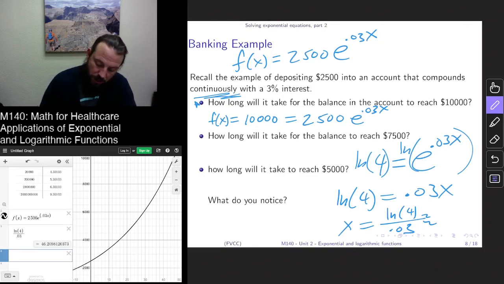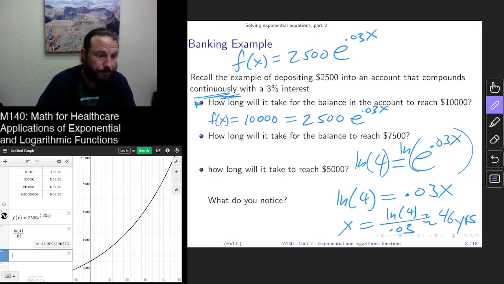That turns out to be approximately 46 years. And I should write that, years, right? Years. It's important. It takes 46 years to reach 10,000.